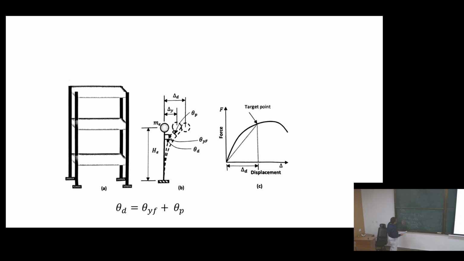So if we combine these two equations, right? So we'll get theta D minus theta P. We take theta P over that side equals, right?